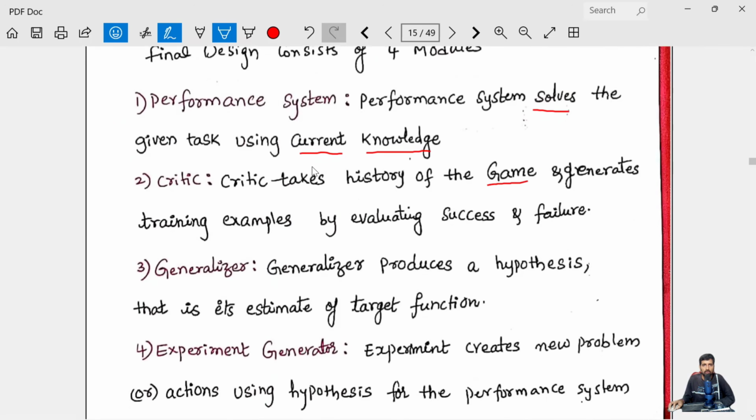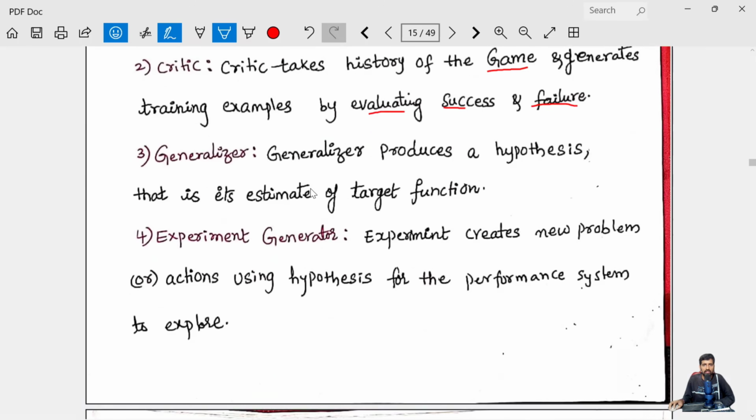We already discussed this. The critic takes the history of the game and generates the training examples by evaluating success and failure. The third one is the generalizer. The generalizer produces a hypothesis, which is its estimation of the target function.